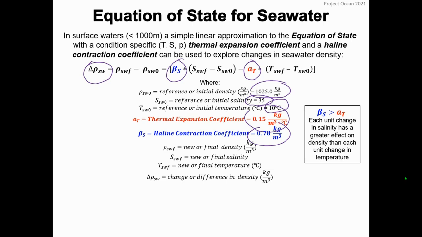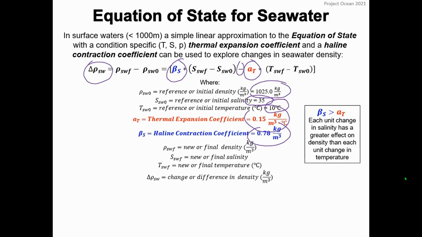The thermal expansion coefficient for temperature tells us for every unit increase in temperature in degrees Celsius, I get a 0.15 kilogram per meter cubed decrease in density. Why is it a decrease there? Well, look at that negative sign.